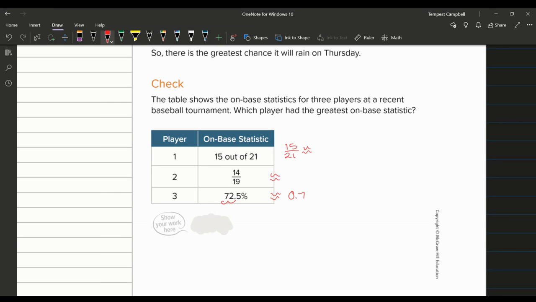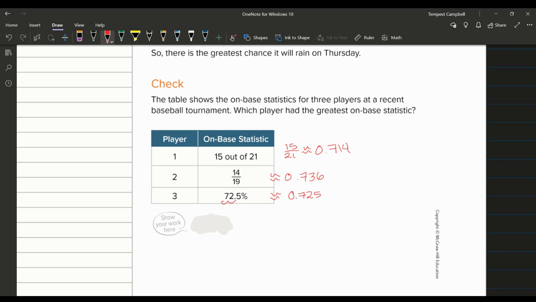We get 0.725. 14/19, when we plug that into our calculator, we get 0.736. So I'm going to write that down, 0.736. And now we get 15 out of 21, 0.714.